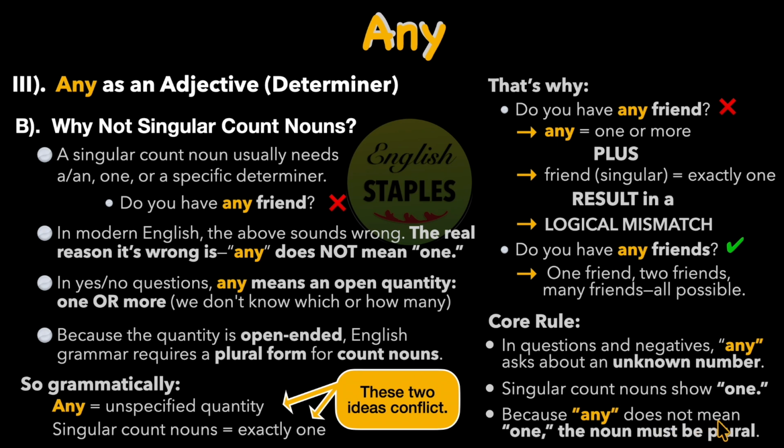Because any does not mean one, the noun must be plural. I sincerely hope this answers the question for that student and any other student who might have this question in their minds. I hope this makes it clear.